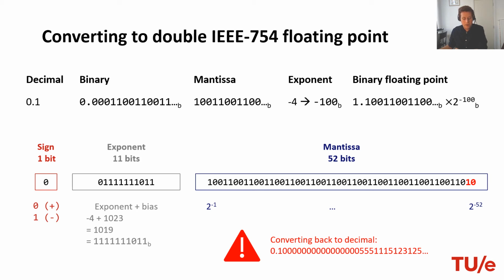There is a lot of rounding going on whenever you convert a real number which does not have a finite representation in binary to an IEEE floating point number.